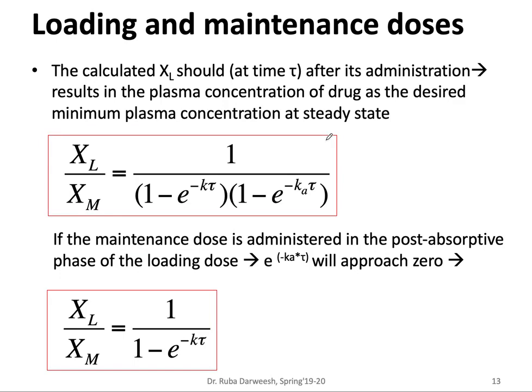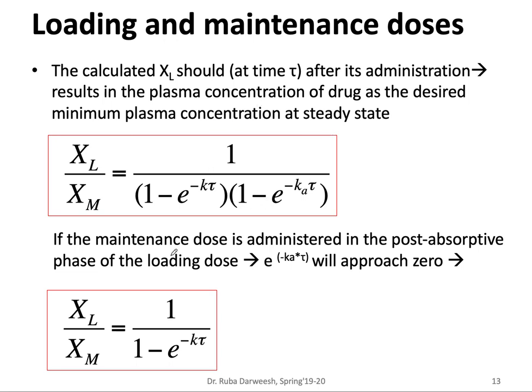For the loading dose and maintenance dose, the same idea. When you want to give a loading dose, C maximum of the loading should equal C maximum at steady state of the maintenance. C minimum of the loading should equal C minimum of the maintenance at steady state.